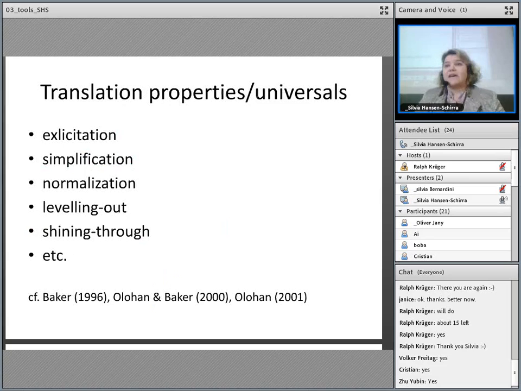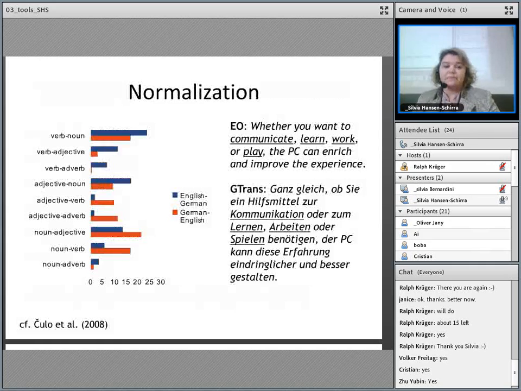Now let's have a look at the research side. I will go into a more practical side later on. The research on translation properties, like Mona Baker did it, on explicitation, simplification, and so on, can be done with our corpus as well. But we looked not at verbs like tell, say, and so on.